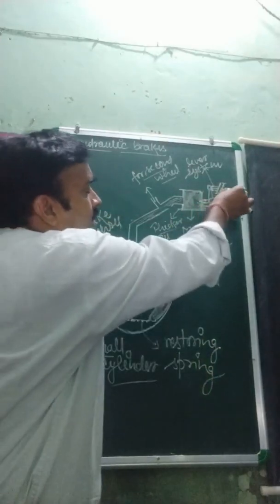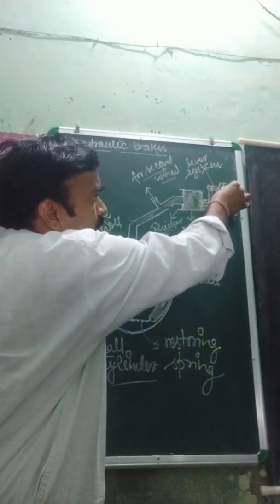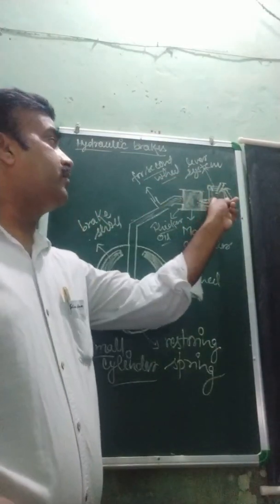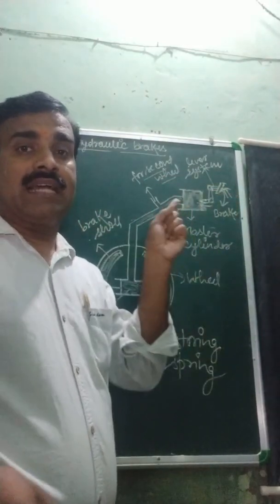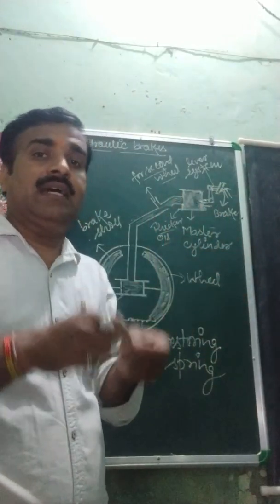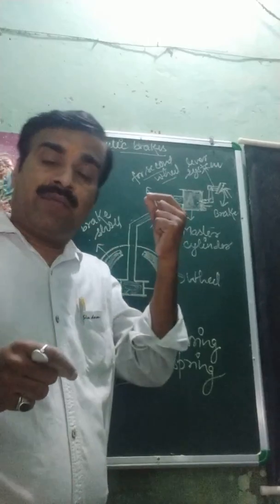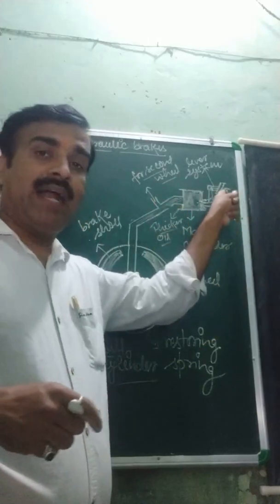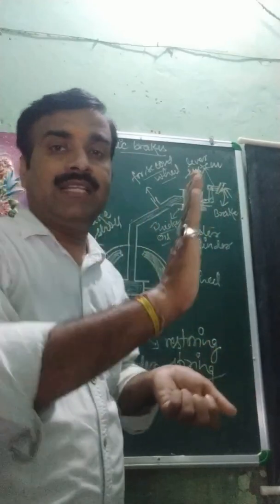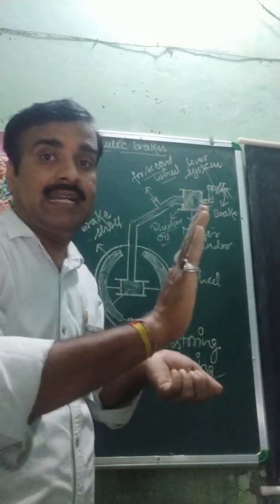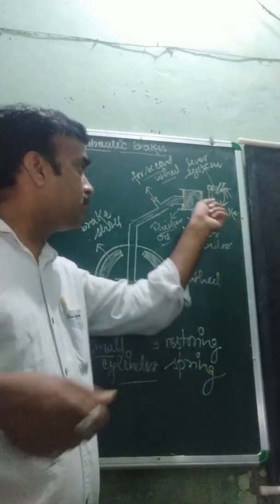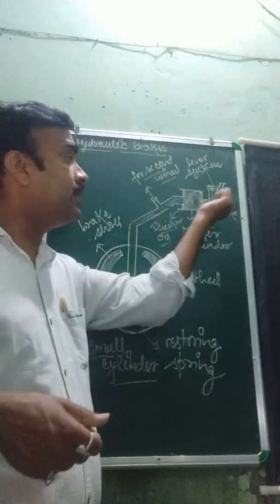So see, once you apply the pressure onto the brake pedal, immediately it will shift to the lever system, and since the lever system is connected to the piston and that piston is attached to the master cylinder, the lever system will apply the pressure in the inside direction to the piston, and the piston will also move inside.